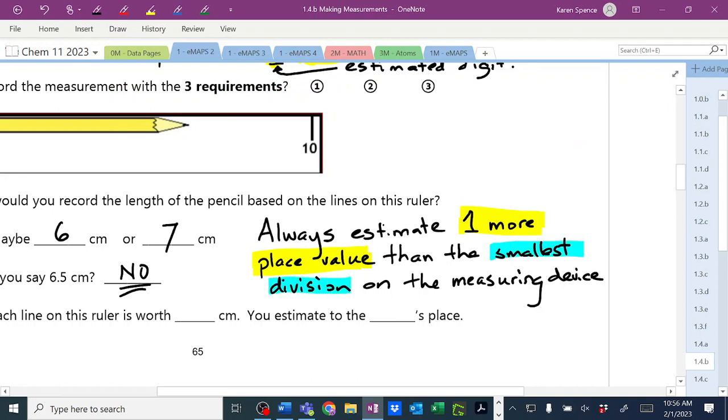Now, what does that all mean, right? What is a place value? Chat with your partner. See if you can remember what's a place value.